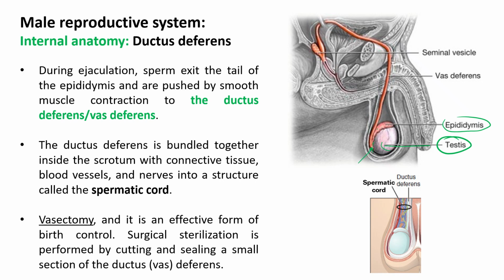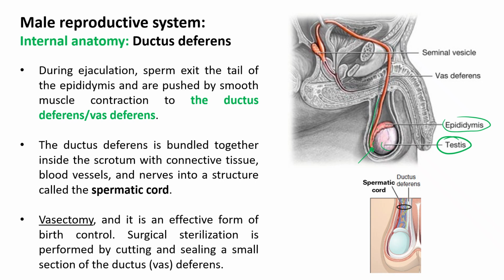I'm saying the beginning because remember that we're following the pathway of how the sperm will travel from the testicles and will eventually exit through the penis. So we're looking at the longest tube, and of course we have two, one for each testicle. In this case, we're looking at the right testicle. So the vas deferens will start here in the epididymis.